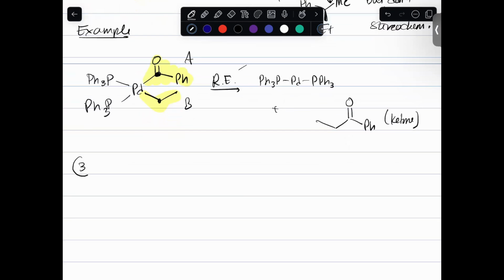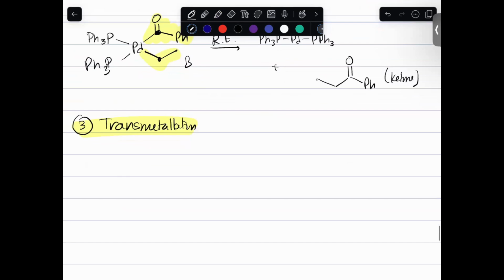The third reaction is transmetallation. Okay. And transmetallation is the exchange of ligands between metals.